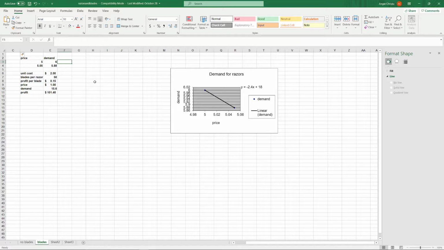Chances are you're also selling perhaps blade replacements for your razors, cartridges, right? Or for other types of products, the typical example is printers with their cartridges, whether it's the ink or the toner, right? Or when you sell different kinds of complementary products.